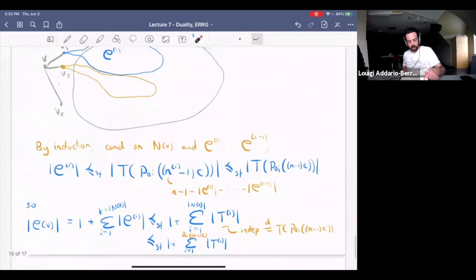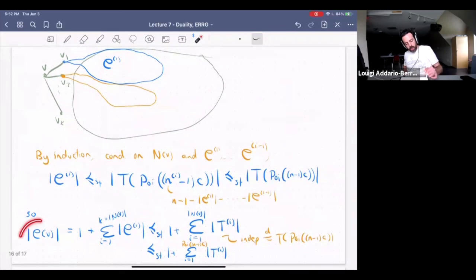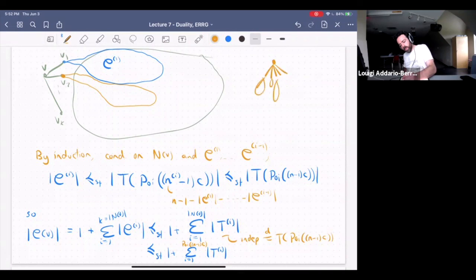Okay, but now, so the point is, sorry, maybe that wasn't the best moment for me to answer a question, even though it was a good question, because I hope everyone is still sticking with the flow. We've shown that the size of this component is stochastically dominated by 1 plus the sum of a Poisson number of Poisson trees. But if we look at the size of a Poisson tree, that is 1 for the root plus a Poisson number of Poisson trees, which are just the subtrees rooted at the children.